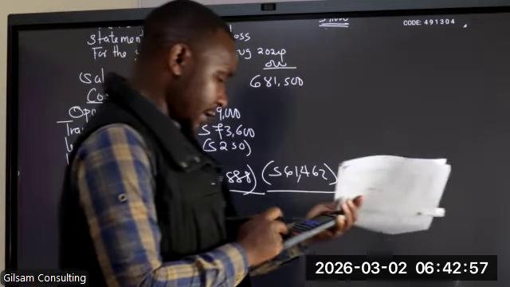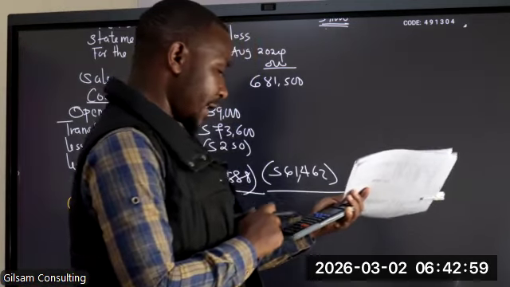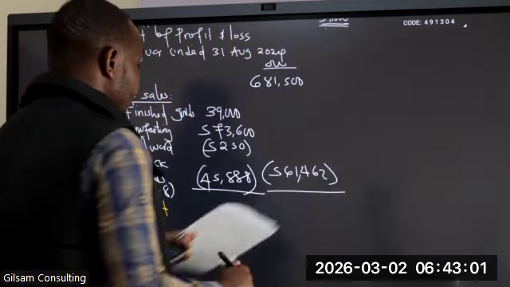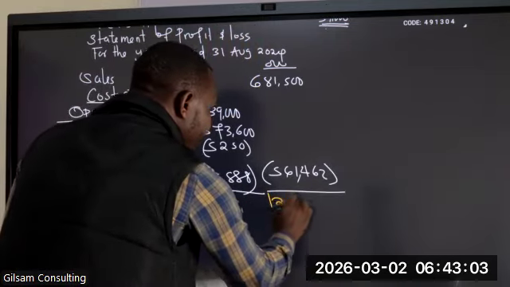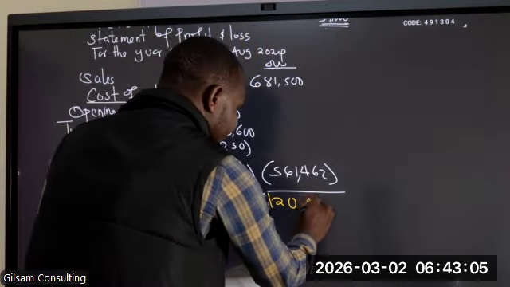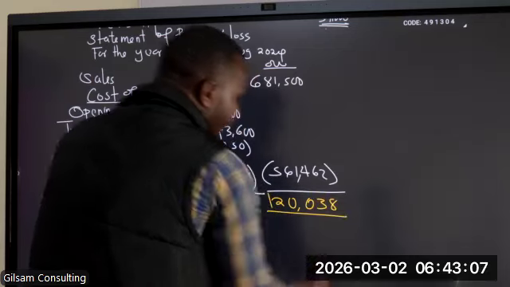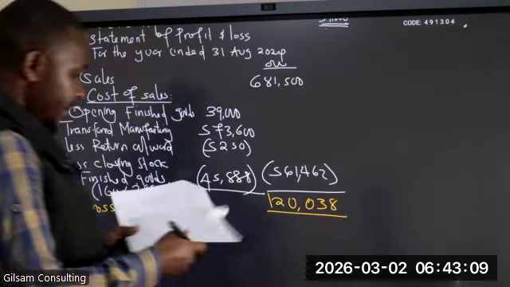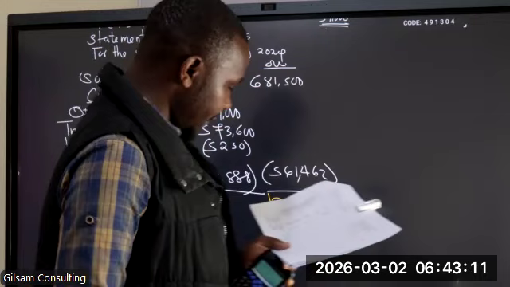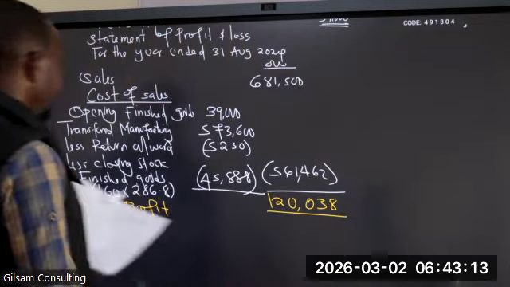So I take 681,500 minus the answer. That's our gross profit. Now, let's deduct expenses. We start with the depreciation.